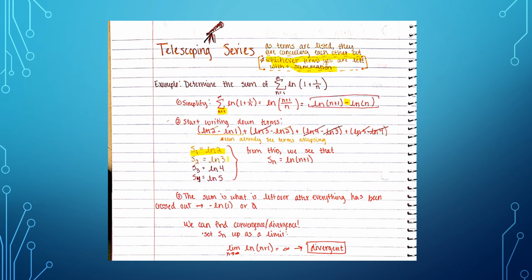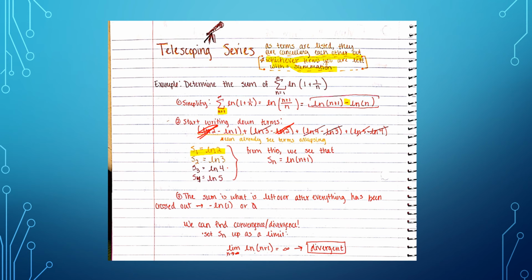The second partial sum is equal to ln 3, because when you add these two terms together, ln 2 cancels out. So we're just left with negative ln 1, which equals 0, plus ln 3, so we're left with ln 3.